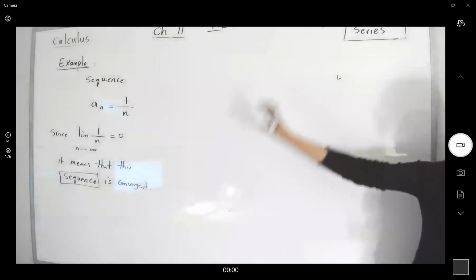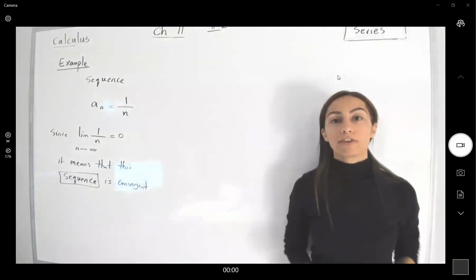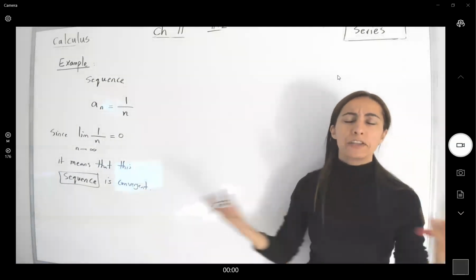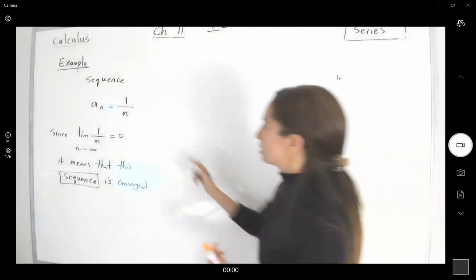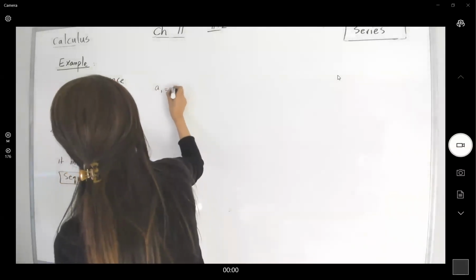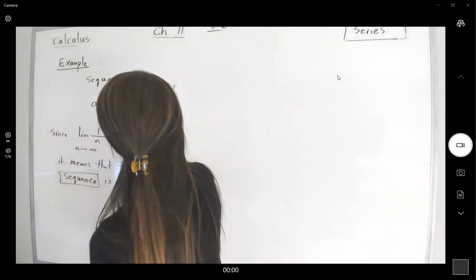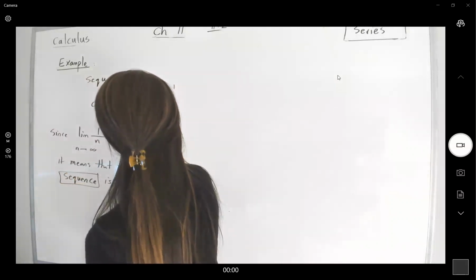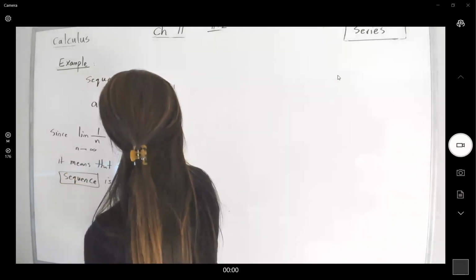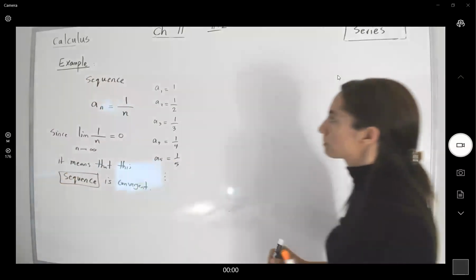If I take the terms of this sequence, add them together, I can define a series, a new mathematical object. So the terms of this sequence: a1 is 1, a2 is a half, a3 is a third, a4 is a fourth, a5 is 1 over 5, and so on.